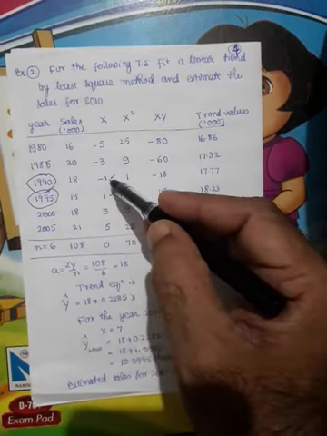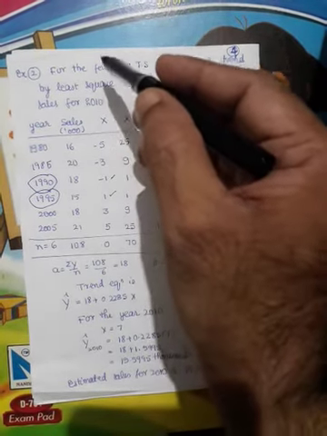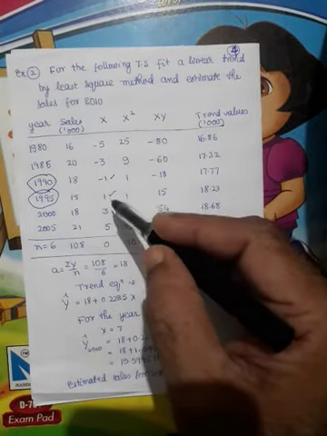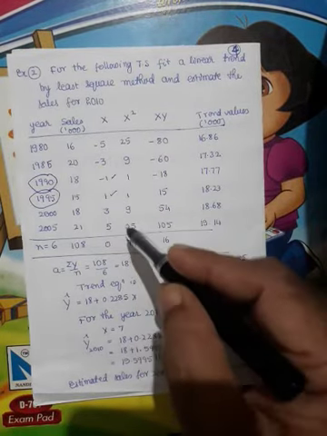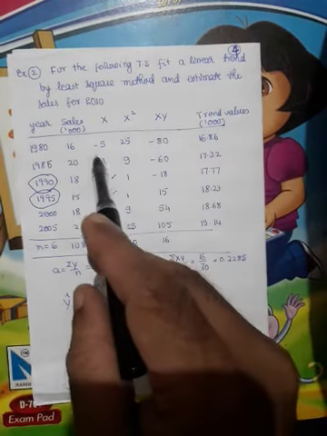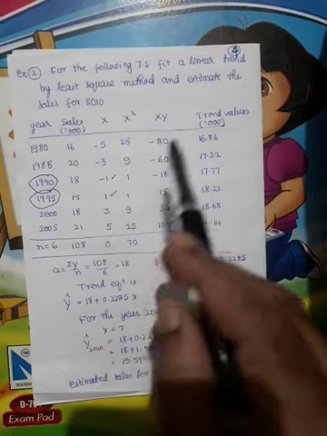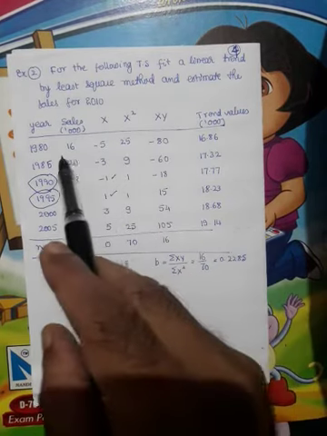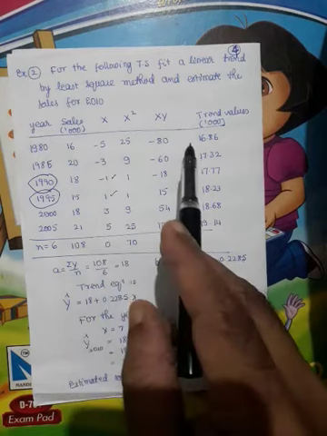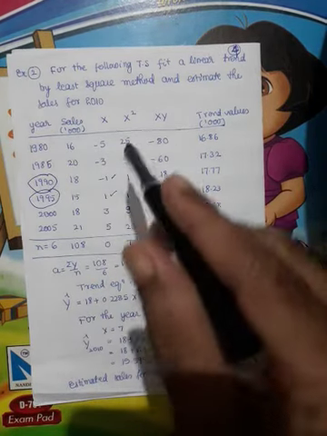You see, -1, -3, -5, -7, -9, -11, and so on. For the below years, 1, 3, 5, 7, and so on. Next, x square: -5 square, 25, -3 square, 9, -1 square, 1, and so on. xy: 16 into -5, -80, 20 into -3, -60, and so on.